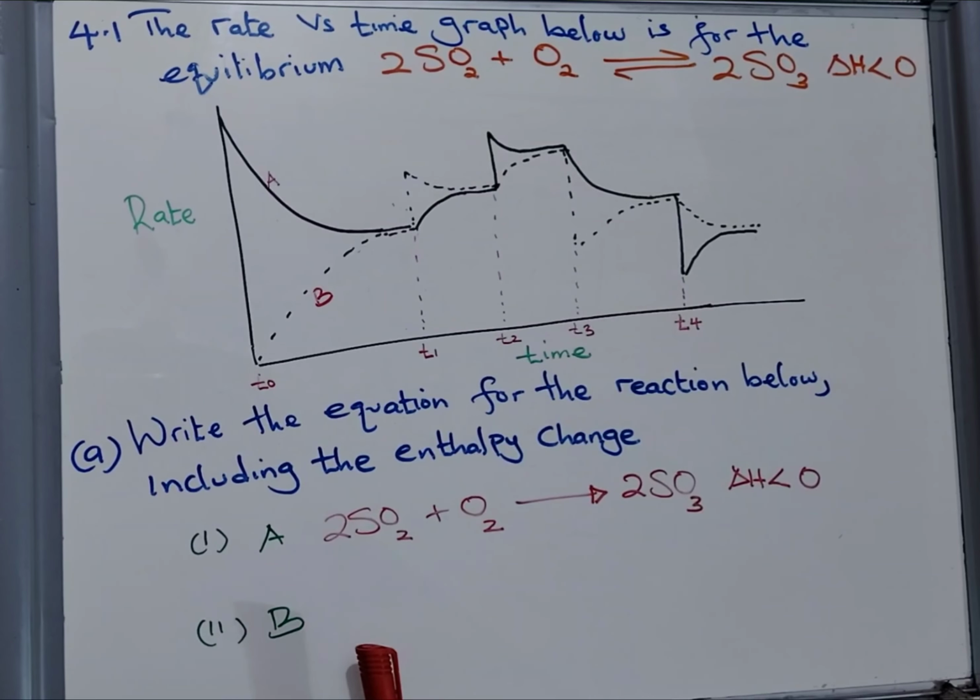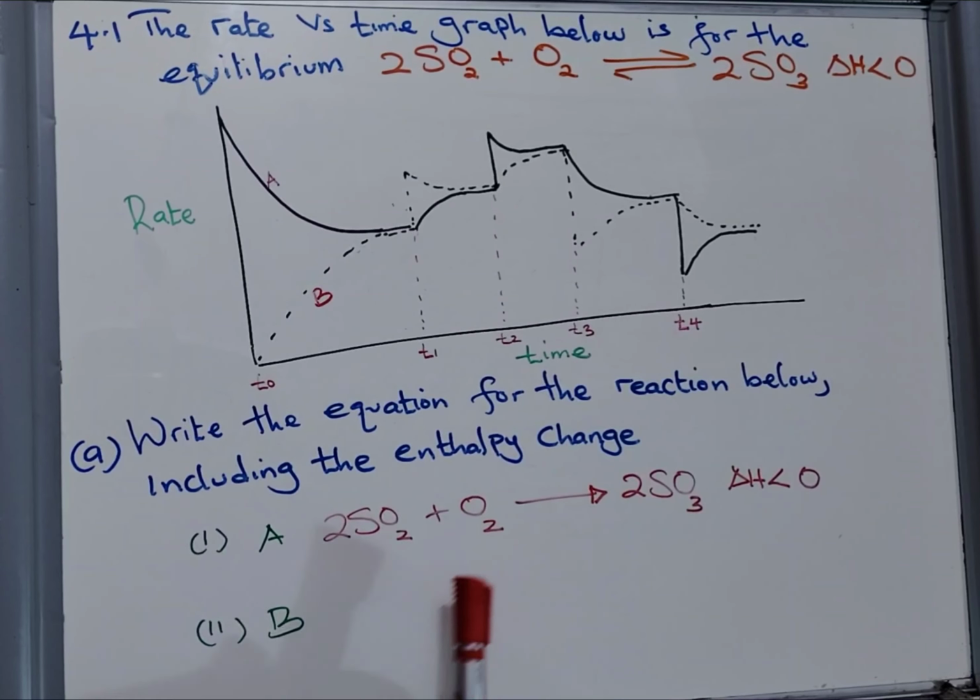Yeah, then we come to equation for the reaction B. B is the reverse reaction for this equilibrium. And the reverse is, we start from that side, which is 2 sulfur trioxide, giving us 2 sulfur dioxide plus oxygen.